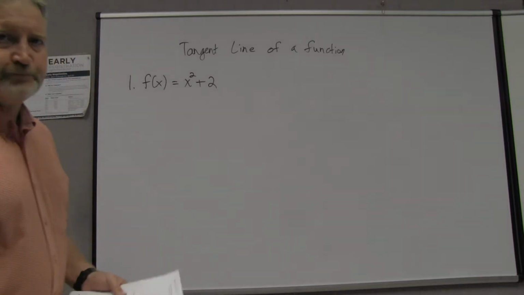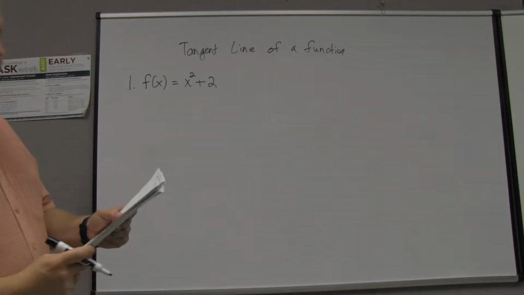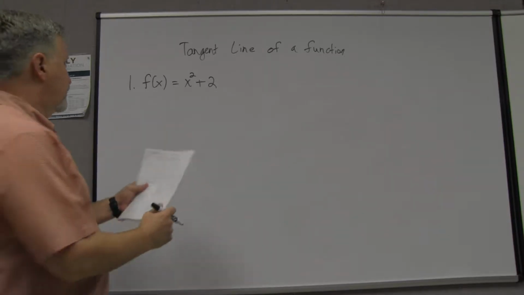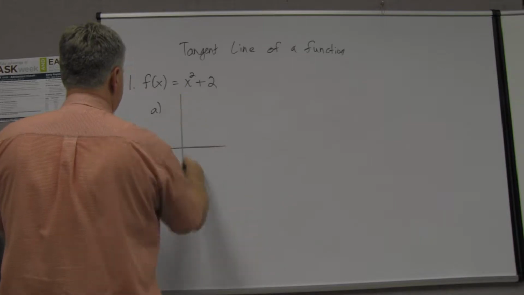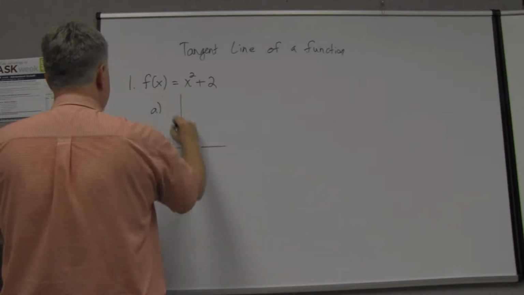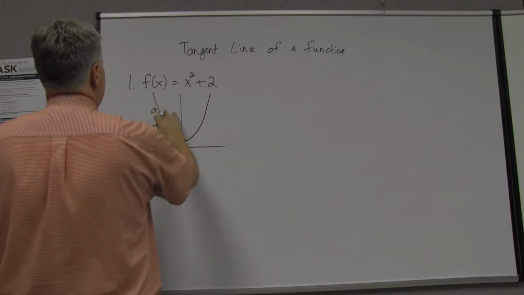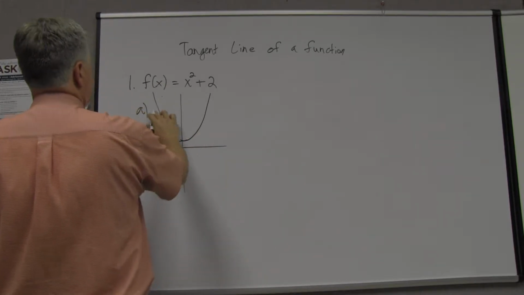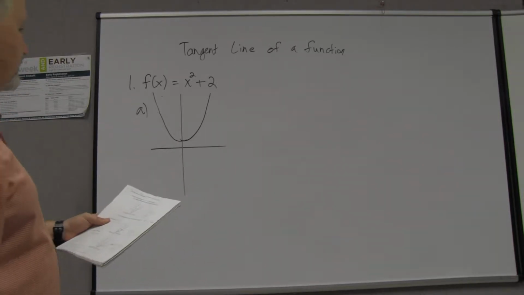So draw the tangent line of the function at the point 1, 3. For A, we're just going to draw on the graph I have provided.